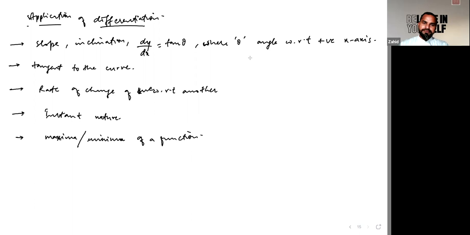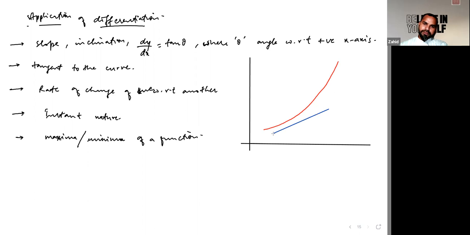Let's say if you have a curve like this, and if you have to calculate the slope tangent to any given point, just draw a straight line passing through this particular point. Similarly, if you have to define the tangent at this instant, it will be like this.